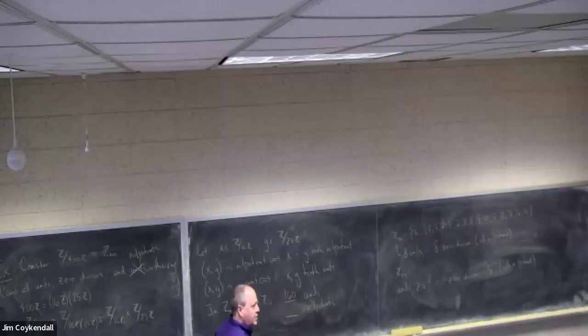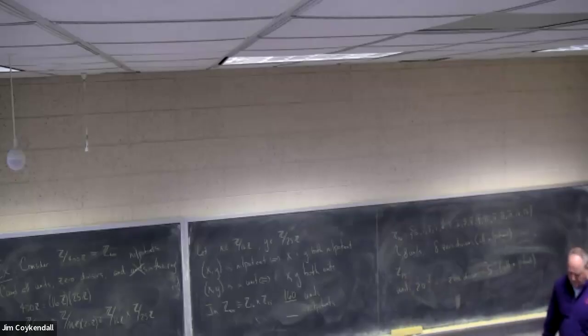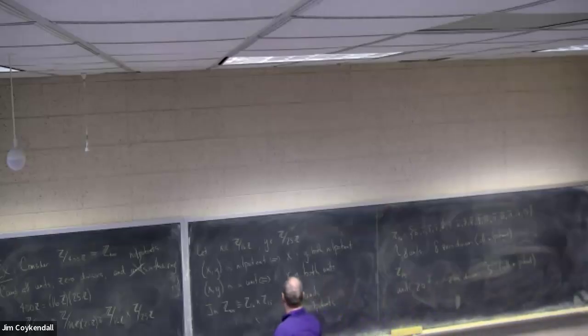Because to be a unit, you have to be a unit in both coordinates. You got 8 choices here, 20 here. Agree? How many nilpotents? Should be 40. Again, to be a nilpotent, you gotta be a nilpotent in both coordinates, right? So in the first coordinate, we've got 8 choices. Second, we've got 5, so we got 40.